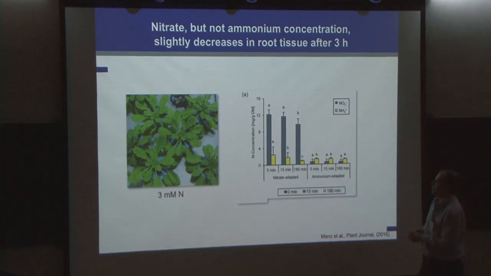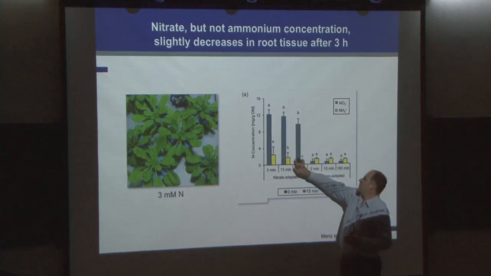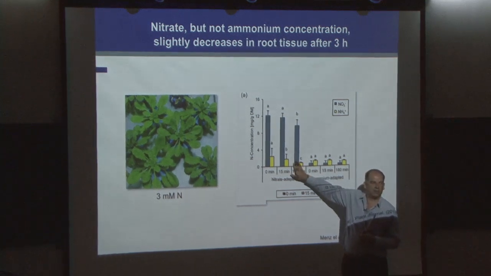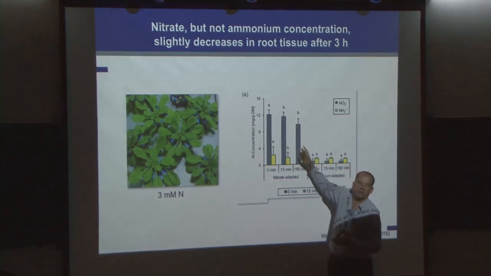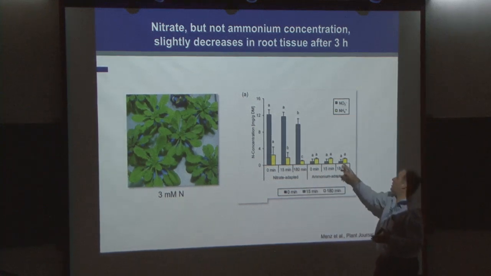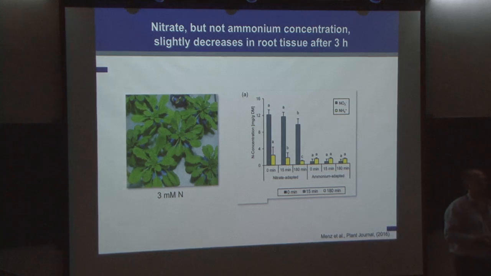So, summary of the slide: for nitrate, after 3 hours we see the first indication that we might run into a deficiency, that nitrate is going down a little bit in the roots. For ammonium, we saw nothing.